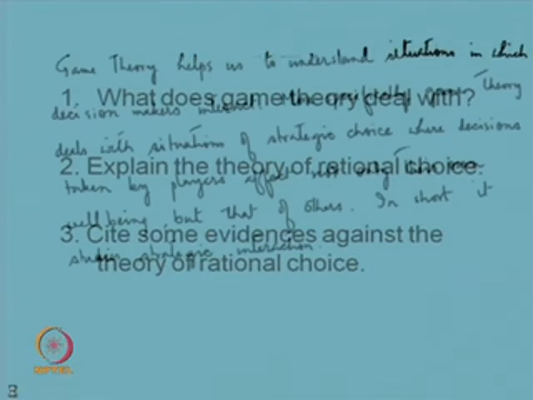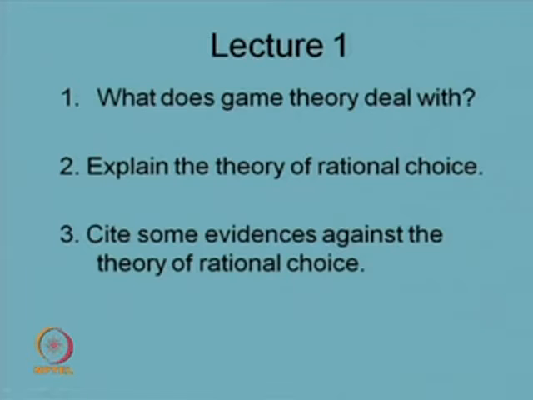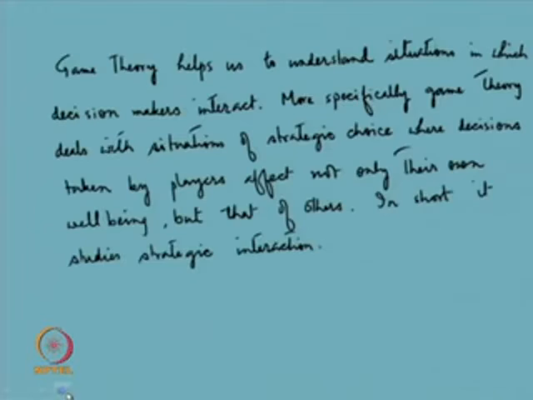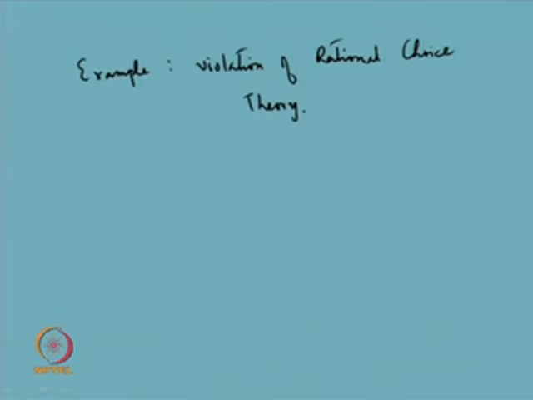Let's come to the third question. Cite some evidences against the theory of rational choice. I'll give one example. Violation of rational choice. Take the case of advertisers.